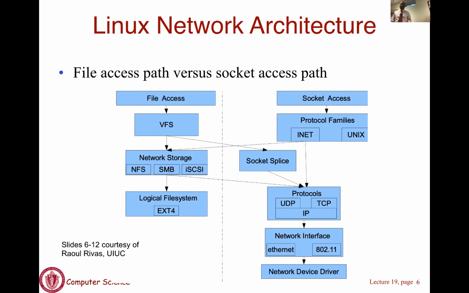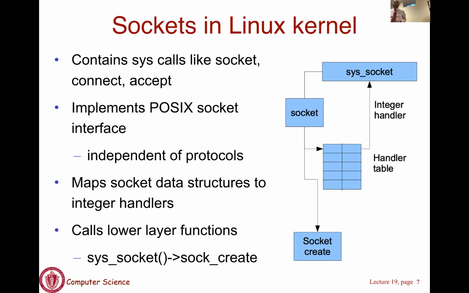So I'm now going to look at the socket access path, and we'll look in more detail at the protocol families, the protocols, and the network interfaces themselves. But let's start with the sockets interface. How is that implemented in the Linux kernel?